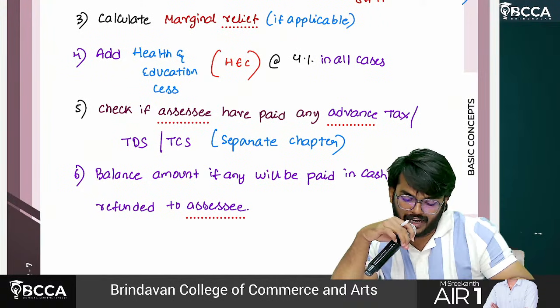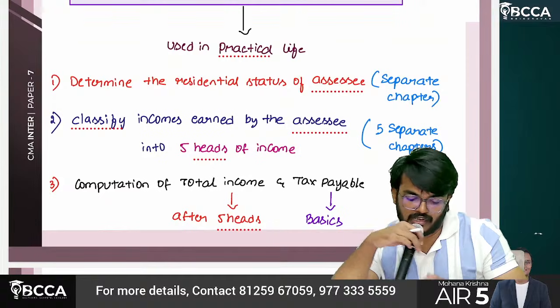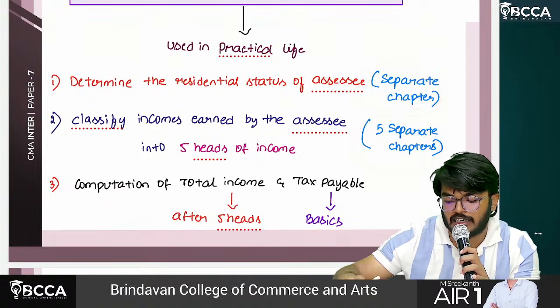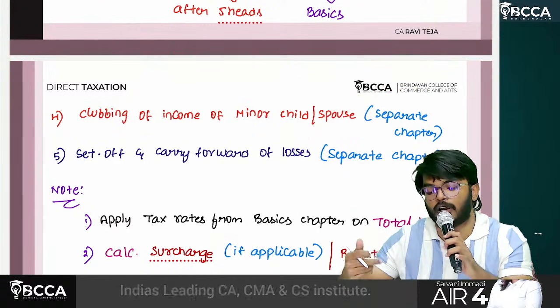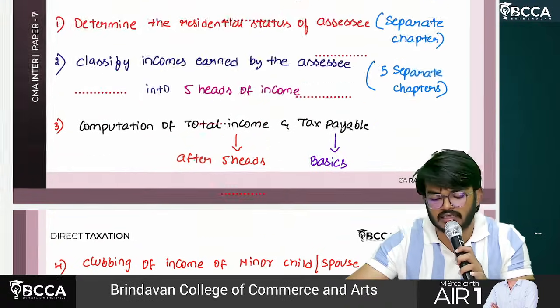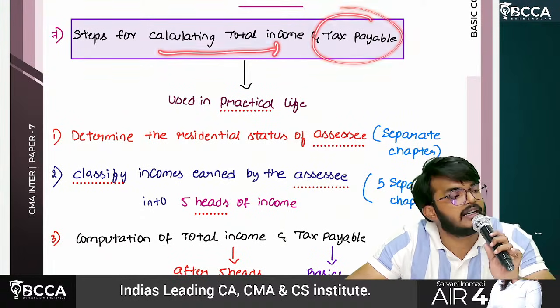So what you have to do is, please just revise whatever points we have written. Wherever I have written separate chapter, you will understand only after completion of that chapter. But just go through all those points and try to remember them. These are the steps we have to follow in calculating total income and tax payable.